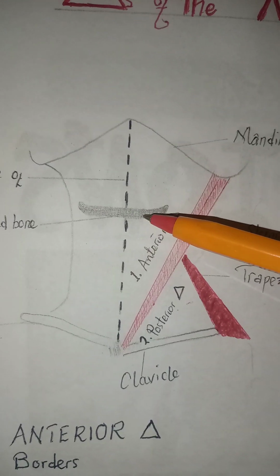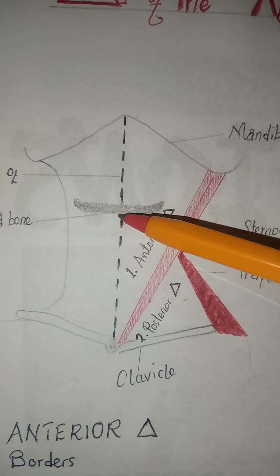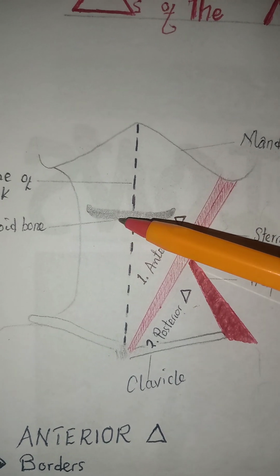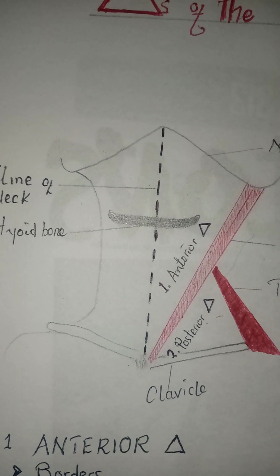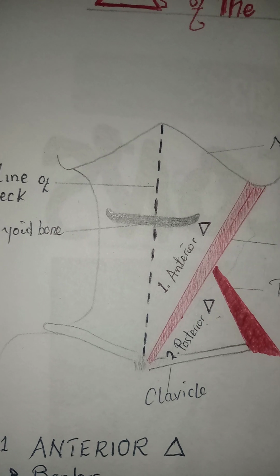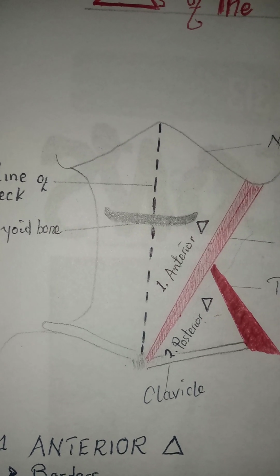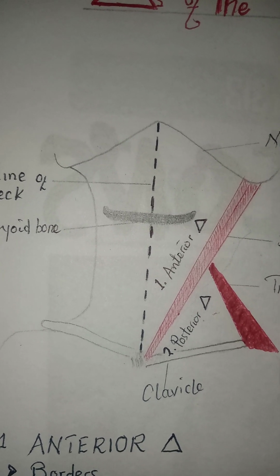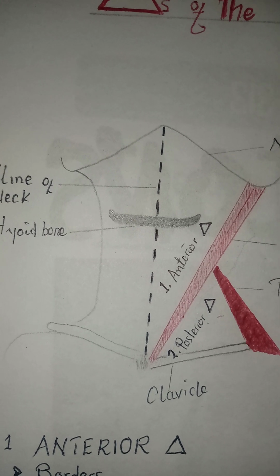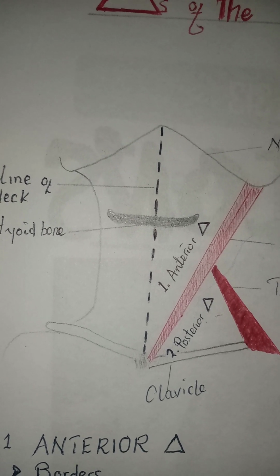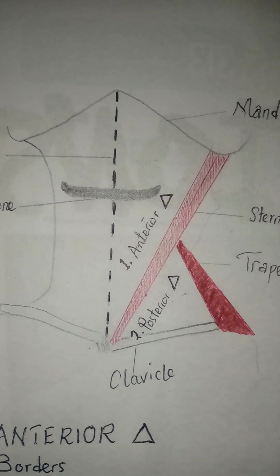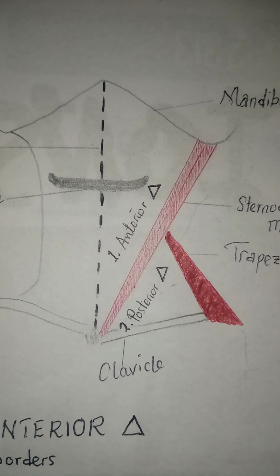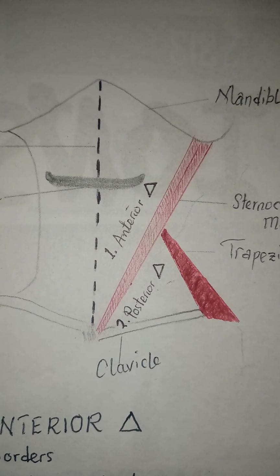Then in the middle of the neck, you have this bone, the only bone in the body which is not attached to another bone but rather suspended within the skin. Alright, so this is how you answer the question on the triangles of the neck.